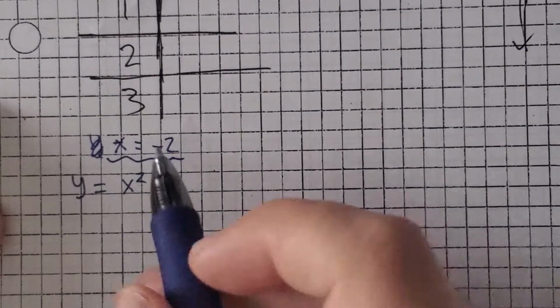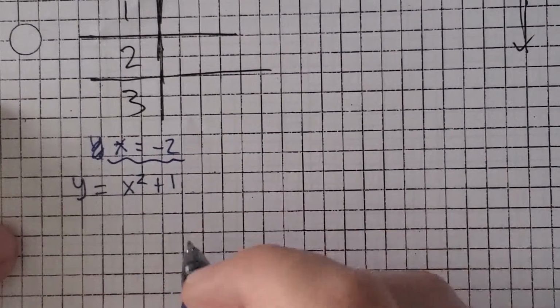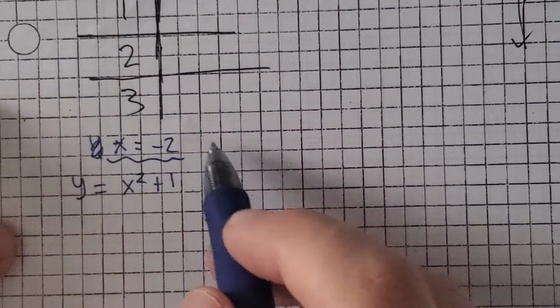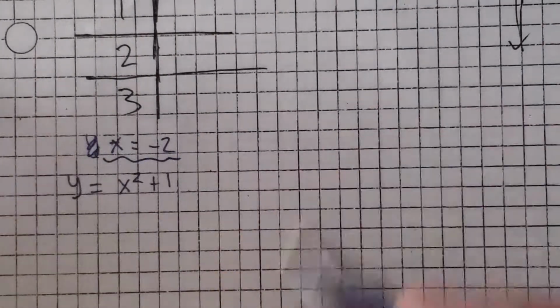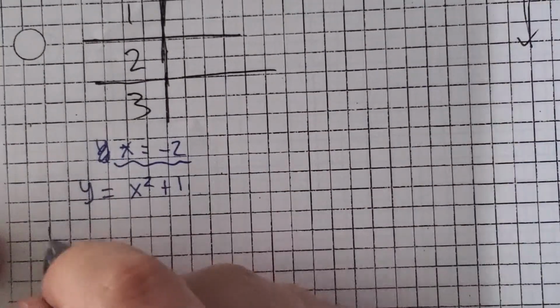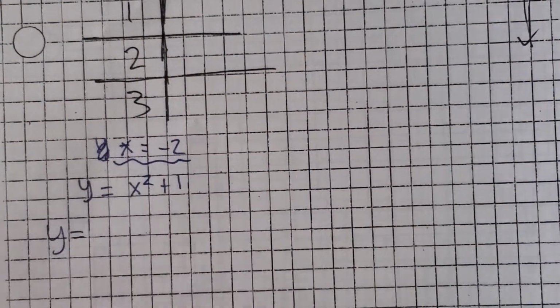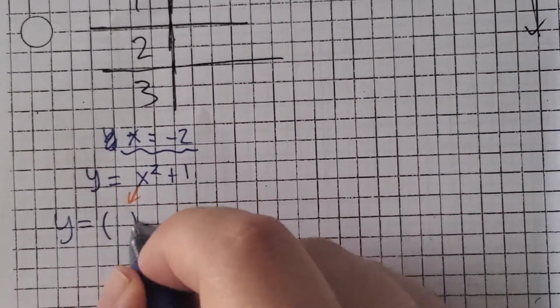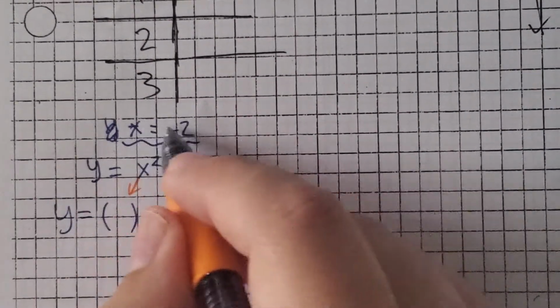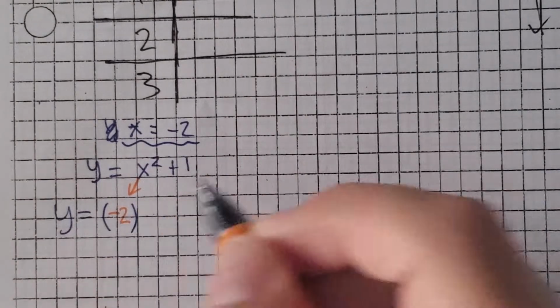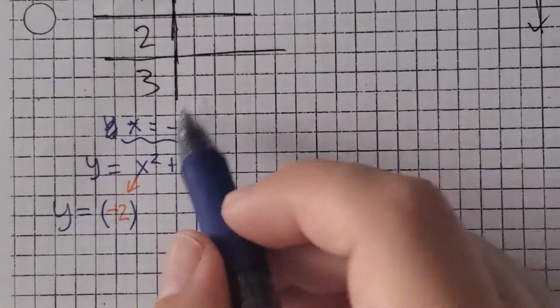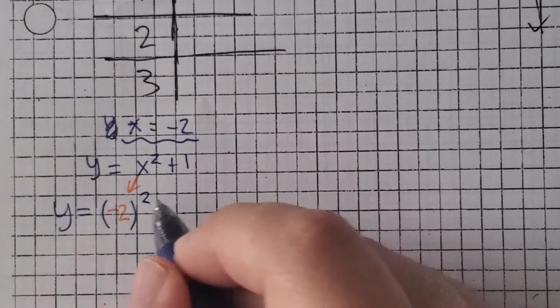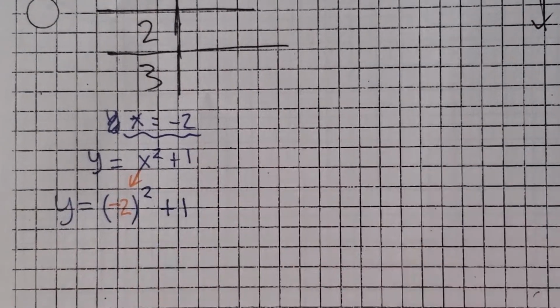Now remember, x is equal to -2, I'm choosing this value for x. I am only changing the x value, so let me use a different color. I'm only changing the x, but everything else stays the same. So this x just became whatever I chose it to be, -2, but it's still being squared because that's what the equation says, and I'm still adding 1 to it.